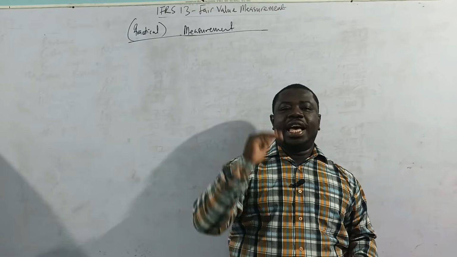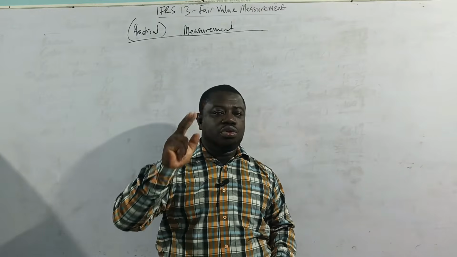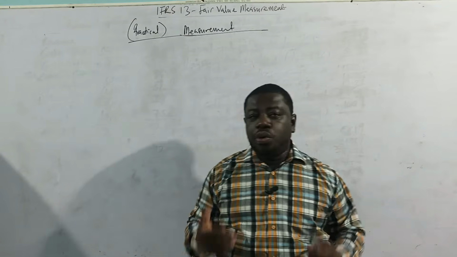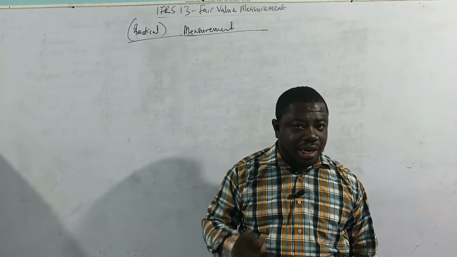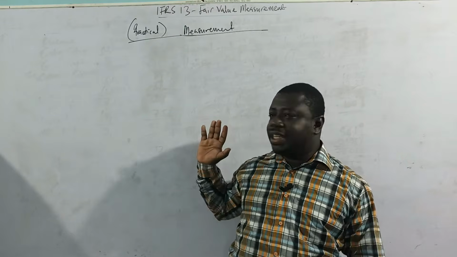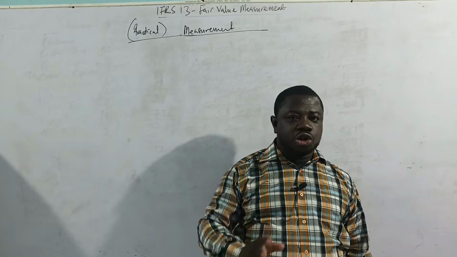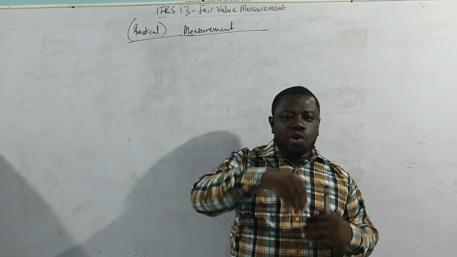And so they have established it as level 1, level 2, level 3. So I'm going to explain to you. It's very critical and it's very technical as well. And so I'm going to write the levels, but I'm going to also put them on your screens. We read what goes into each level.